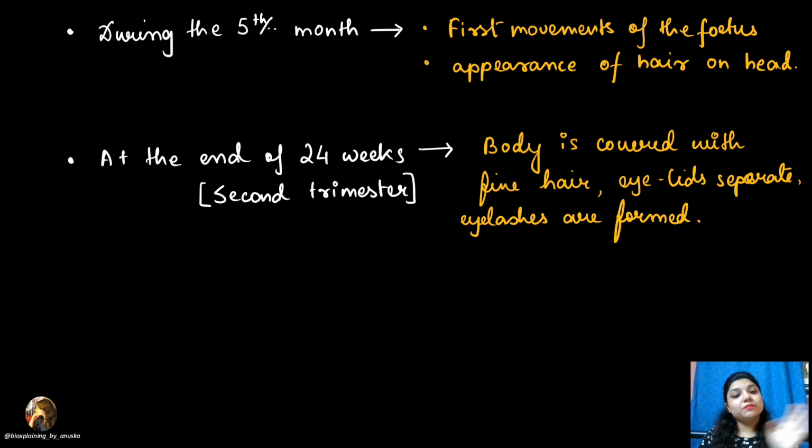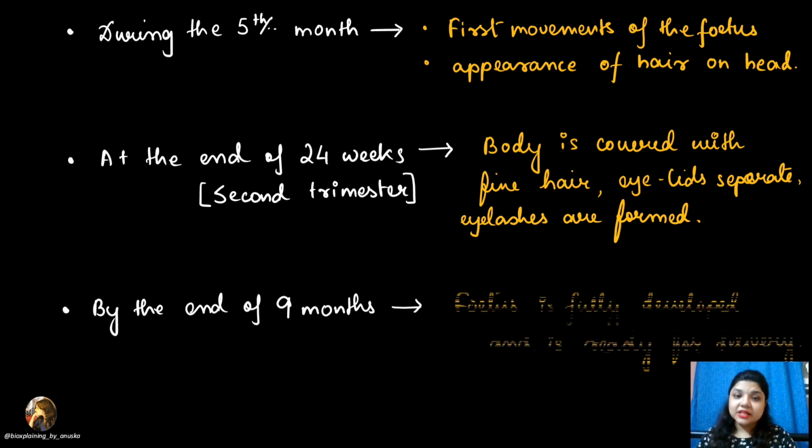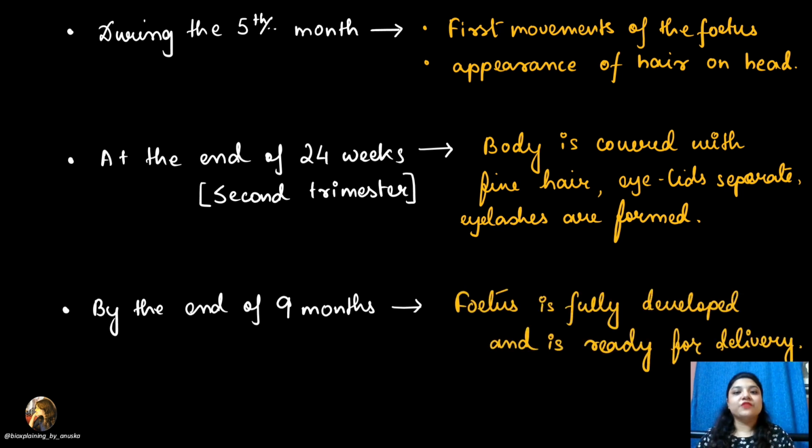That means sixth month is done now. So here we see the body is covered with fine hair, the eyelids have separated and the eyelashes are formed. By the end of 9 months, that means the 3rd trimester is also finished now. The fetus is fully developed and is ready for its delivery.